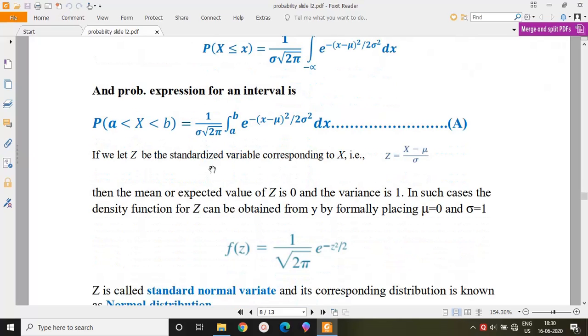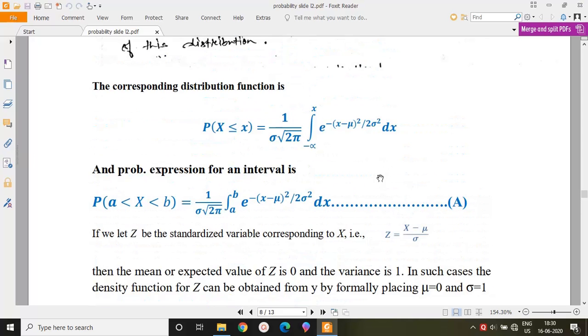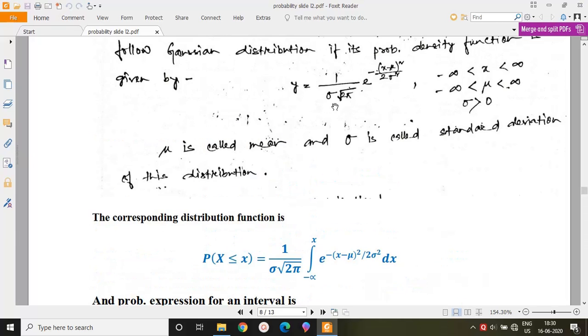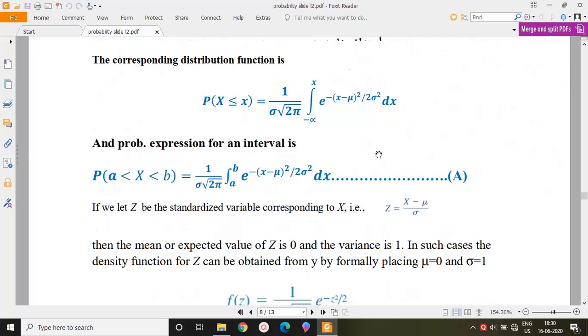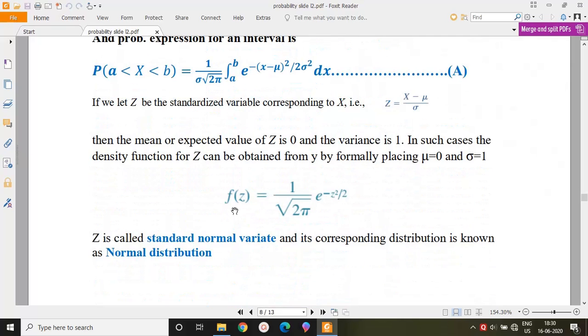Now, what you do is substitute z equals (x minus mu) by sigma. If you substitute z equals (x minus mu) by sigma, then an interesting result follows. Your y, that is 1 by sigma root 2 pi e to the power minus (x minus mu) whole square by 2 sigma square, now goes to a new function in terms of z, 1 by root over 2 pi e to the power minus z square by 2. You can easily see this by substitution.